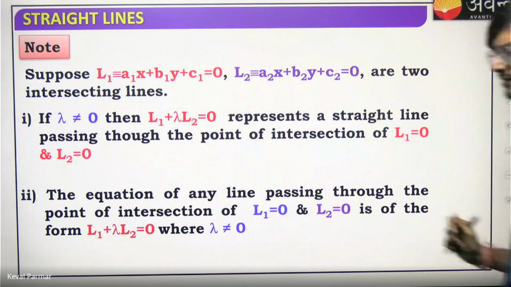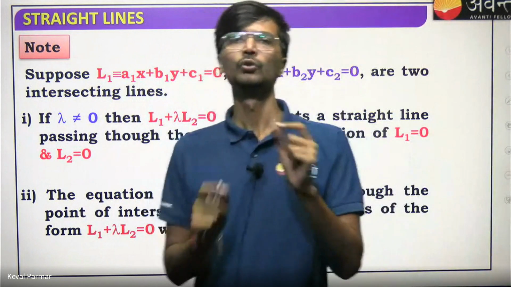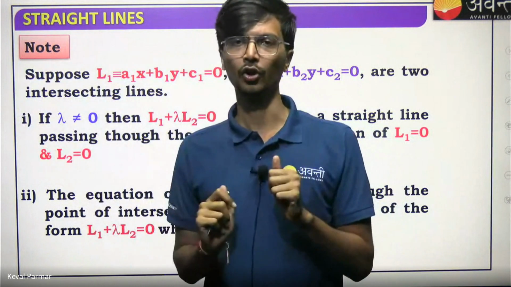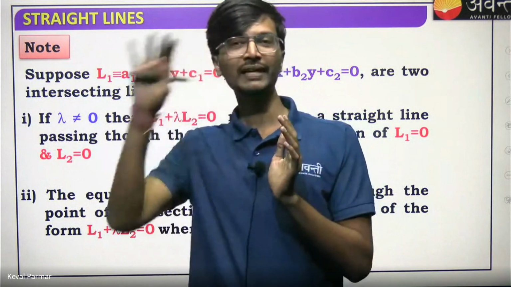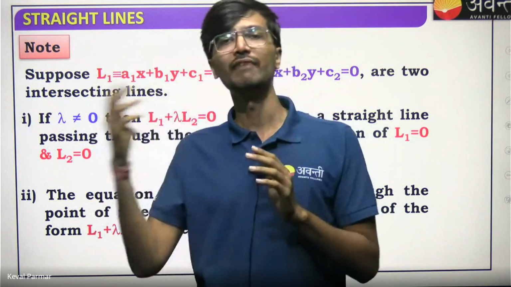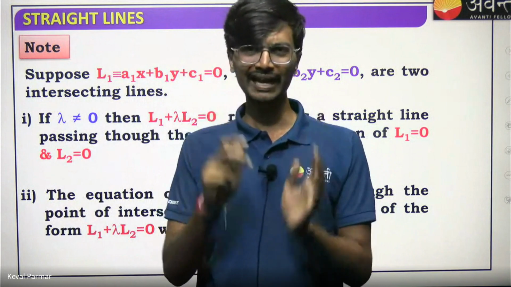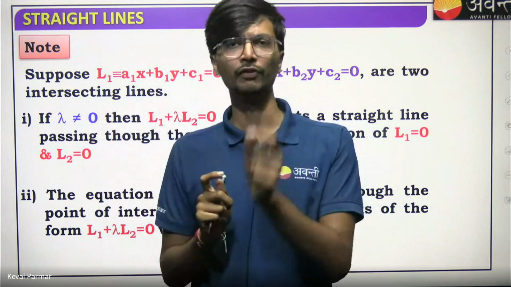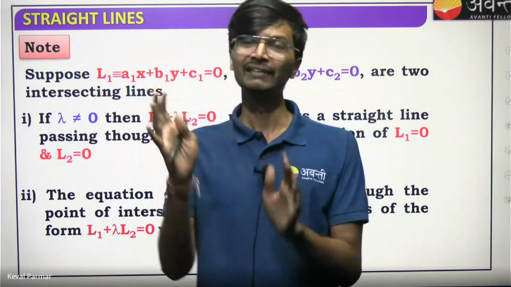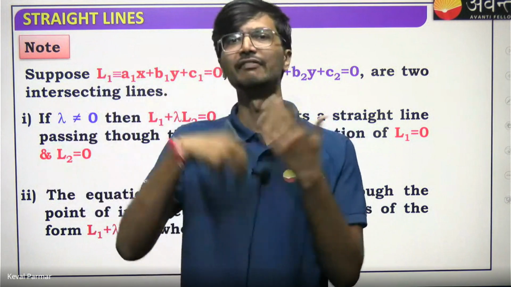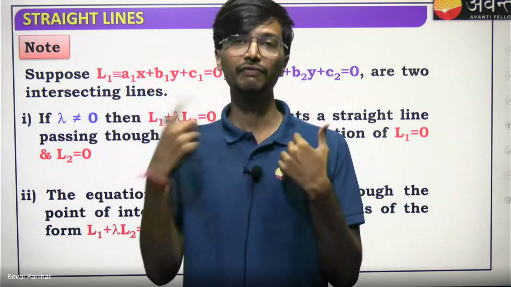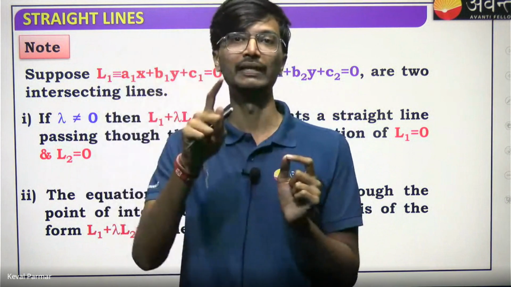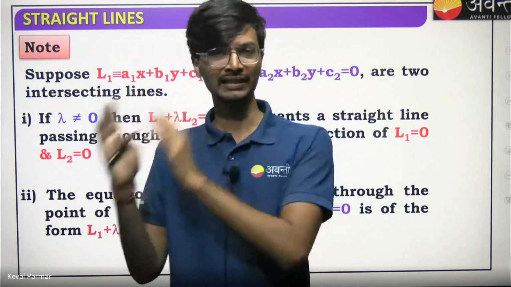As we saw in the last slide, an infinite number of lines can be drawn through a point P. Those infinite lines are called a family of lines, and if we want to find an equation from that family, we can get it using the concept of family of lines.